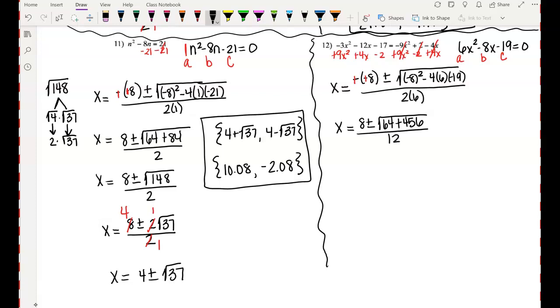All divided by 12. So I end up with x equals 8 plus or minus the square root of 520, all divided by 12.